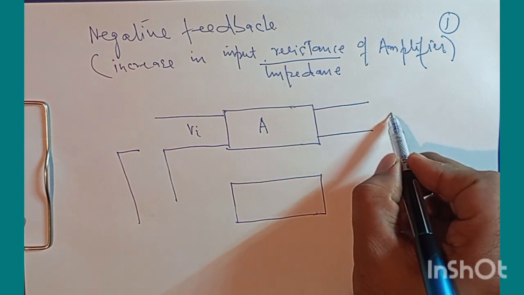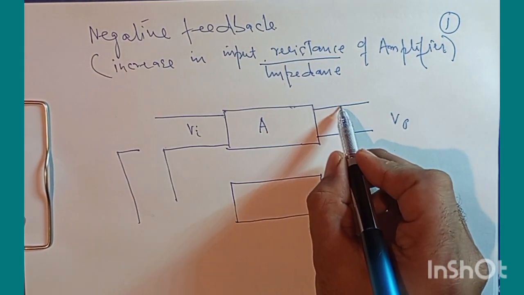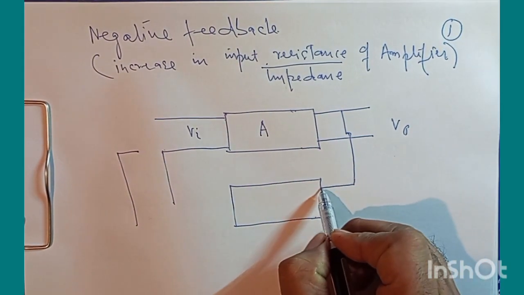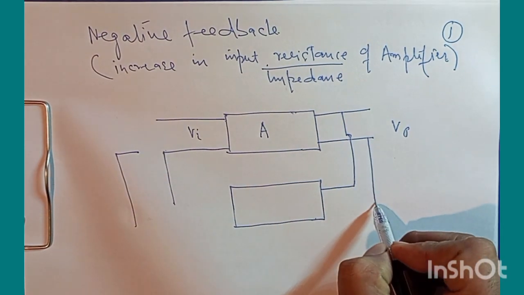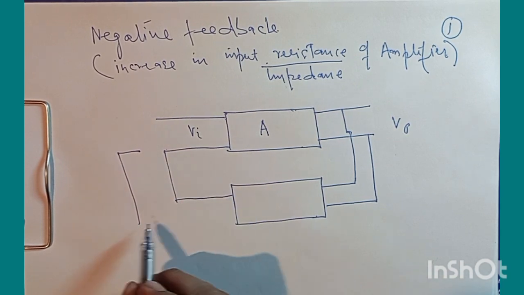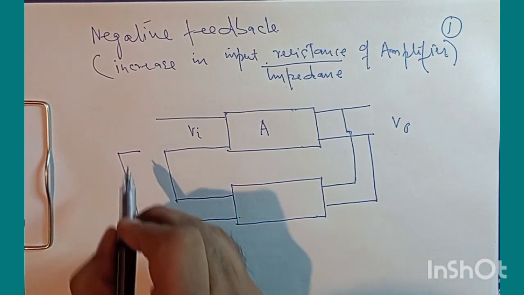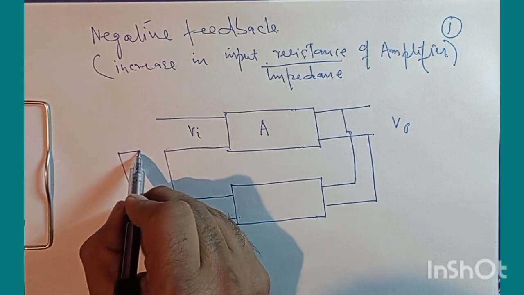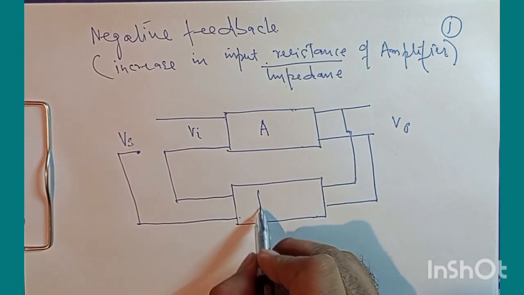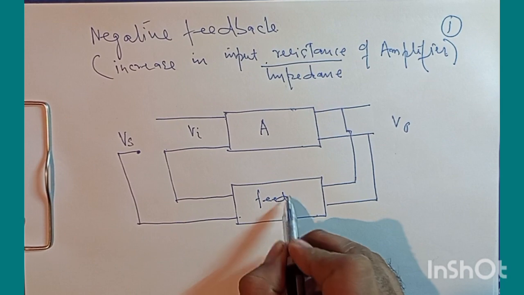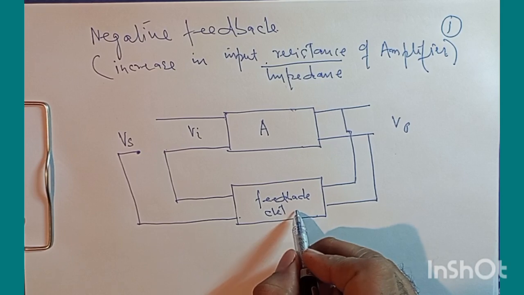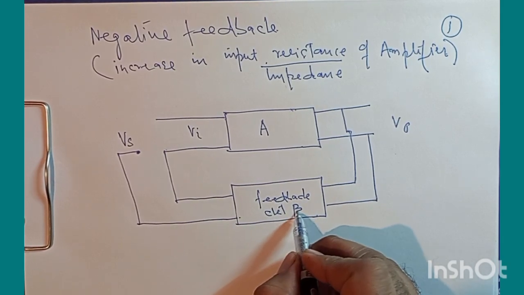Here we will have V out, and a part of this V out will be subjected to the feedback circuit, and let us suppose that the feedback ratio here is beta.